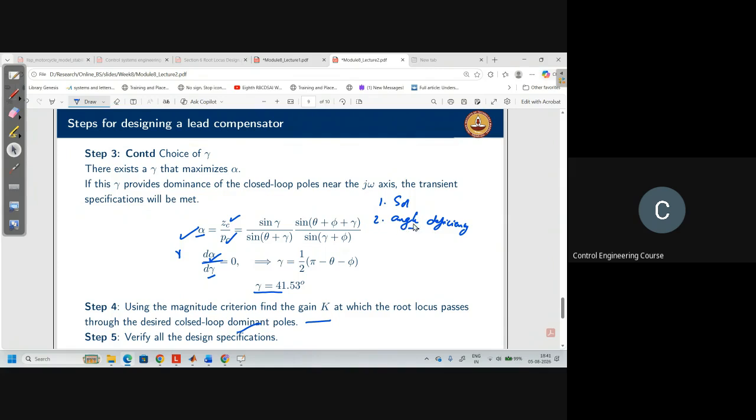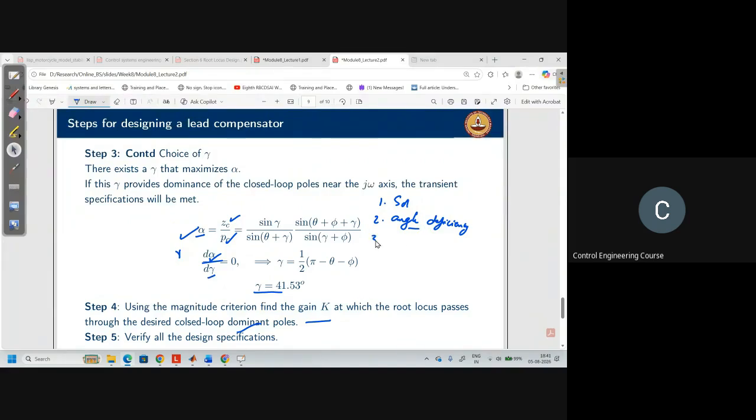Because if we get the angle deficiency as zero, that means your desired pole is on the root locus. Directly, the simple K corresponding to that can be used for a proportional controller. That is enough to satisfy the overall system characteristics, right? If there is an angle deficiency, that means this 180 degrees is not sufficient. So there is some angle that needs to be provided by the lead compensator.